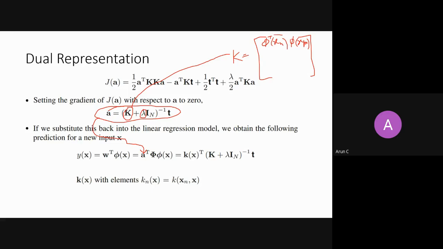Then I told you that rather than doing the actual projection, you can apply a kernel technique.